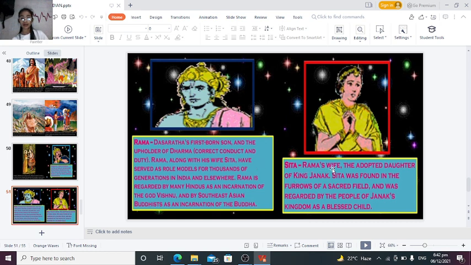Sita, Rama's wife, the adopted daughter of King Janak. Sita was found in the furrows of a sacred field and was regarded by people of Janak's kingdom as a blessed child. So actually, Rama and Sita are mag-asawa sila.